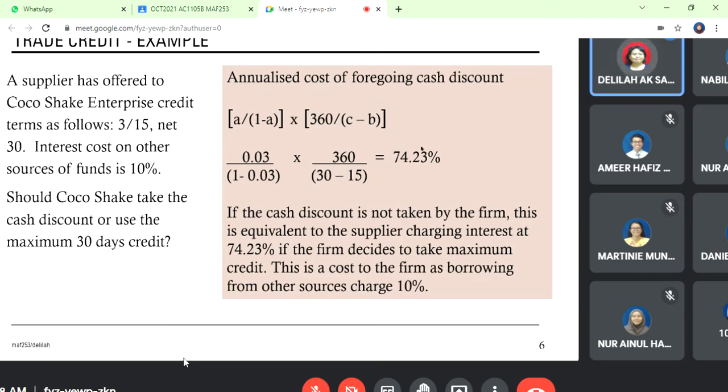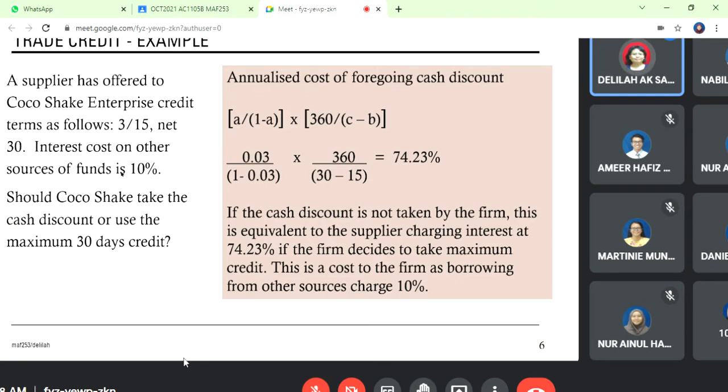If you do not take the cash discount, that means you wait until day 30, which is the same as taking a loan from the supplier. So we compare the 74.23% with the interest.